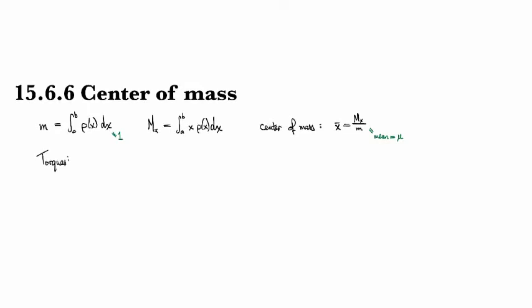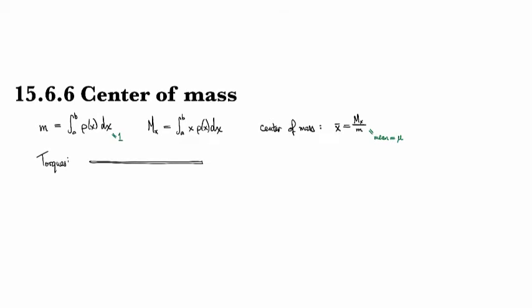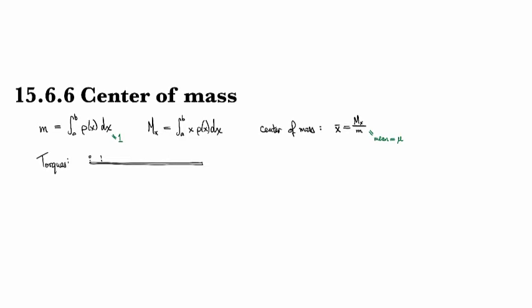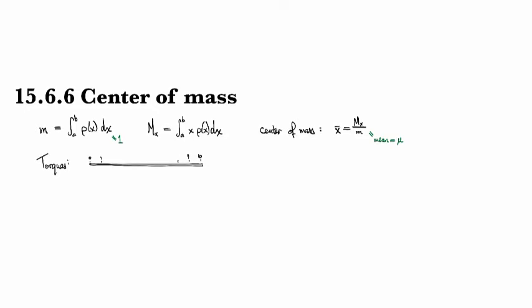So here's our little bar balance beam, and say this is 0, and then we've got 1, and so on, all the way down to the end. This is 10 and 9 and 8. And I've got masses hanging.